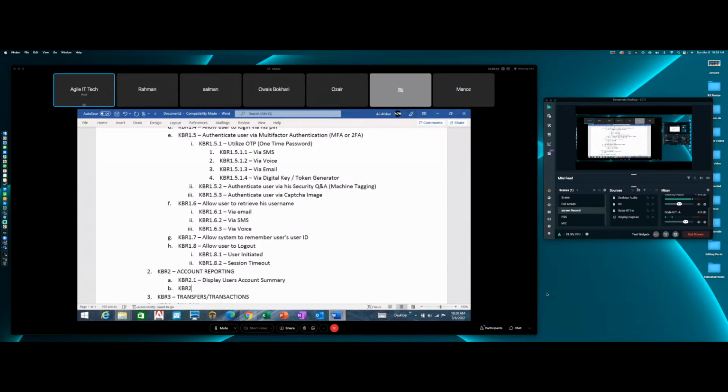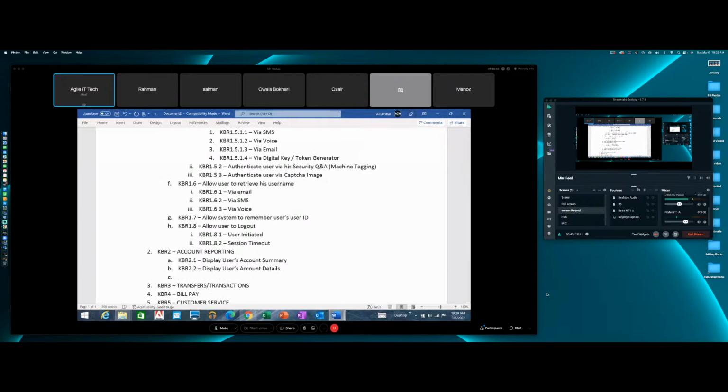KBR 2.2 would be display user's account details, correct? Yes?